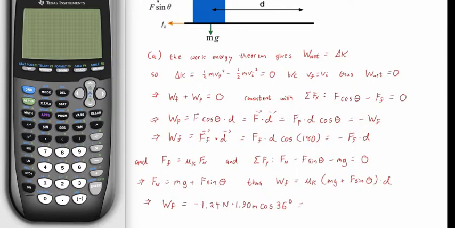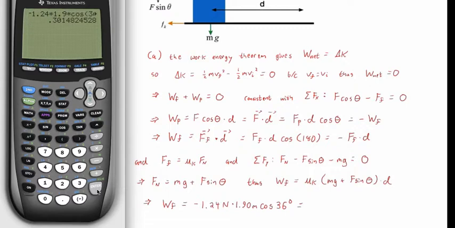All right, so let's calculate this over here. So negative 1.24 times 1.9 times cosine of 36.